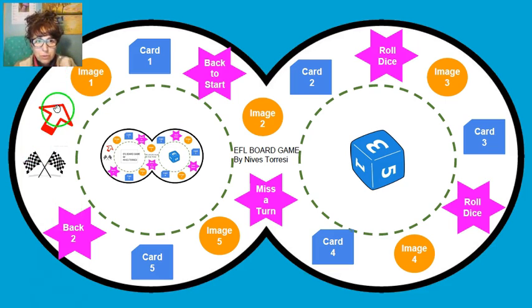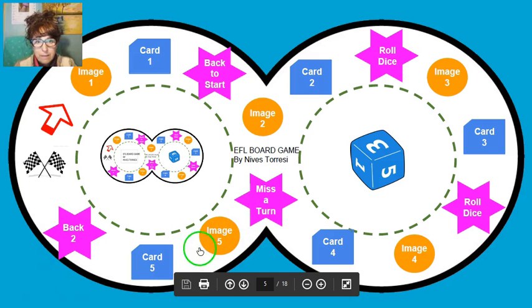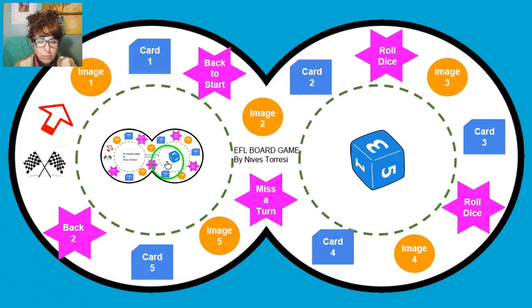Again, I'll just show you the arrow, and then the cards and images all have numbers. So this is basically how you go around. If you click on the image in the middle, the logo of the board game that I've created, that will take us to the front page. But from now on, when we click on that logo, it will take us back to this page, making life a lot easier. So now let's go on image one.